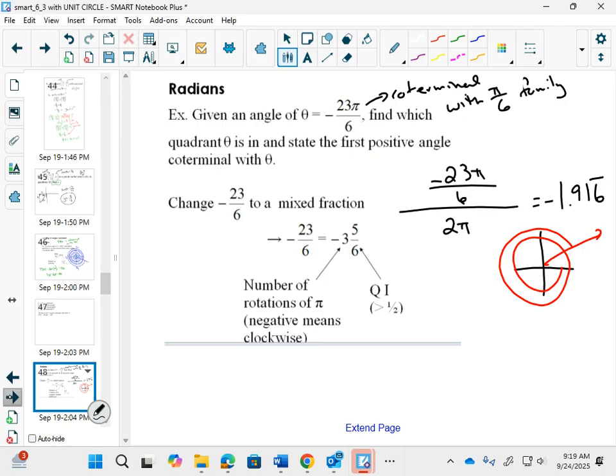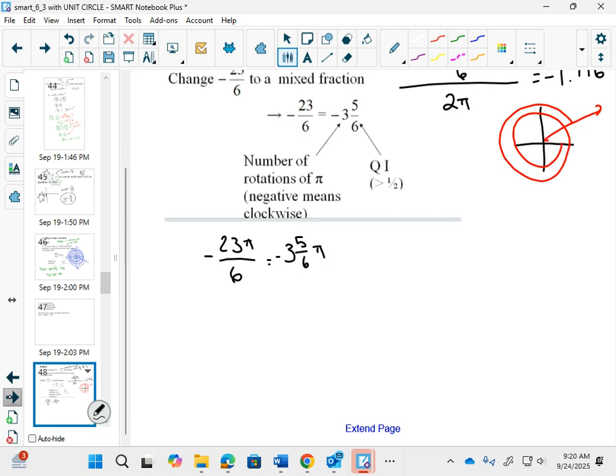So if I take negative 23 over 6 and I change it to a mixed number, I get negative 3 and 5/6. Now, that means negative 23 pi over 6 is equal to negative 3 and 5/6 pi. In the shortcut, we're going to think about our circle in terms of pi.